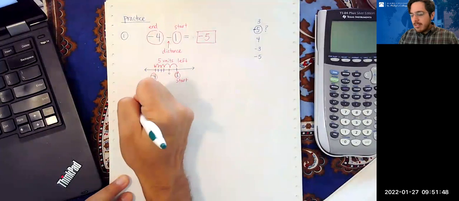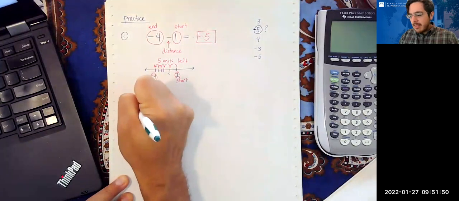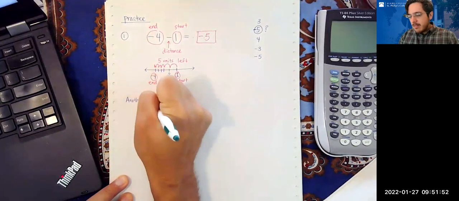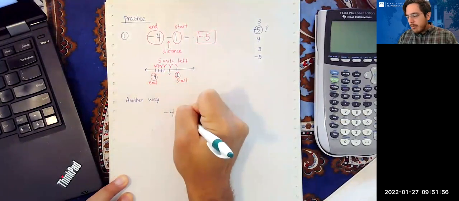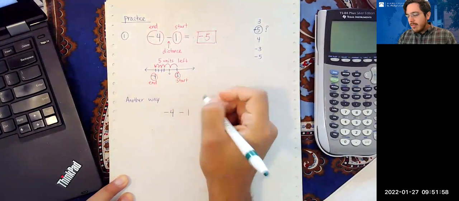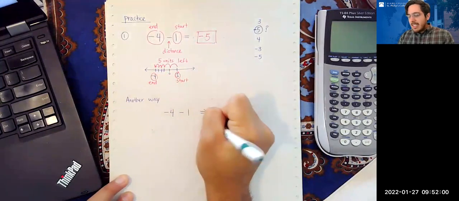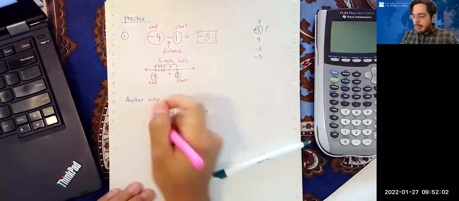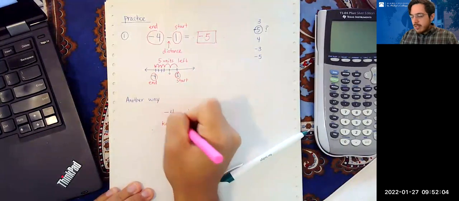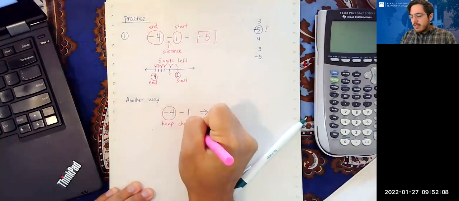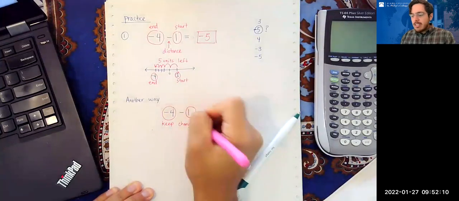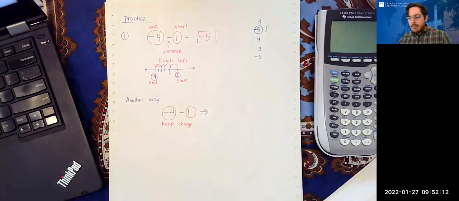So let me work this another way. So if we wanted to, we could have -4 minus 1. But what we could do is keep, change. So we will keep the first number the same. We'll change to addition, and we'll change to the opposite of 1.